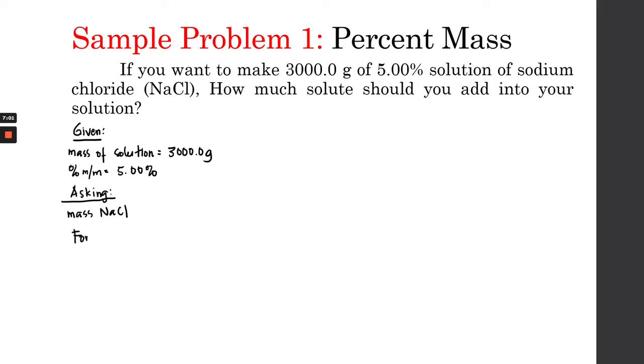Let's go ahead and remember the formula. The formula for mass percent is the mass of solute, which in this case is our NaCl, divided by the mass of our solution, multiplied by 100%.